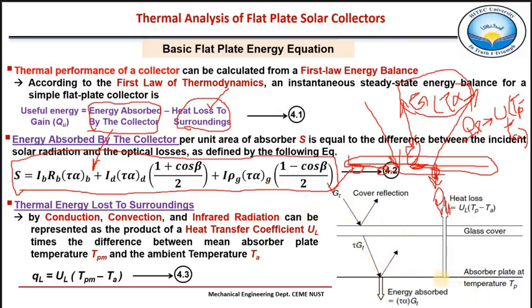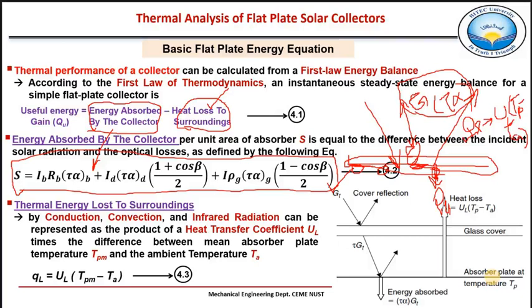Now there will be losses from this absorber plate back to the ambient, and that is given by UL into TPM minus TA. So that represents the loss part back to the ambient for per unit square meter of this absorber plate.